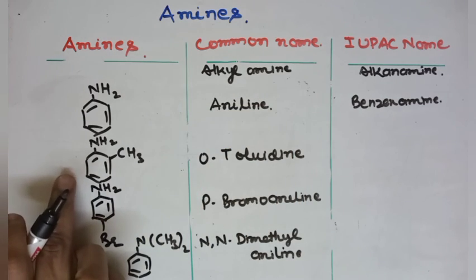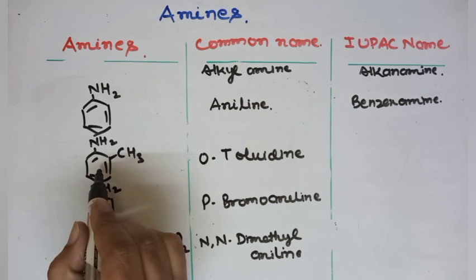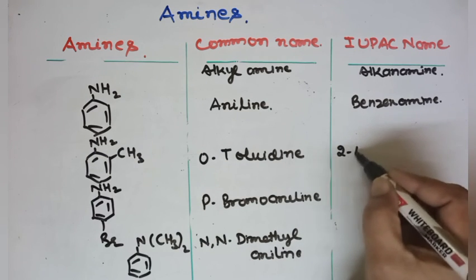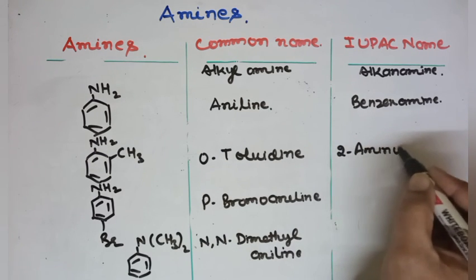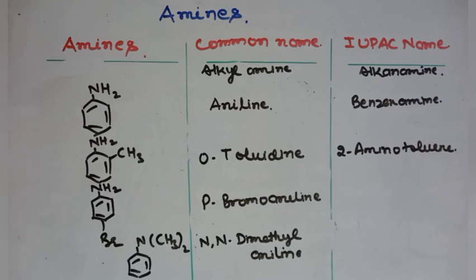Now this one is CH3 connected to benzene, the parent toluene, and at the second position we have the amino group. So we write it 2-aminotoluene. Again in this aniline, the fourth position is occupied by bromine.